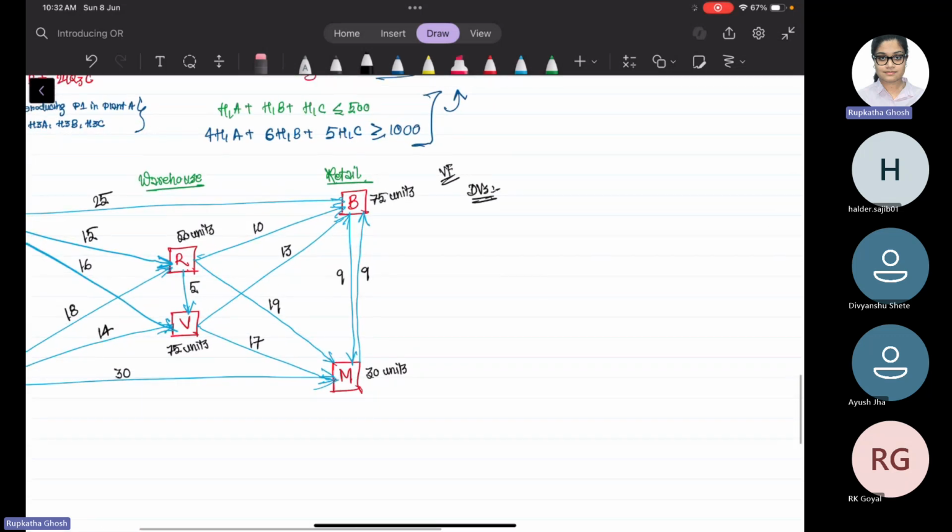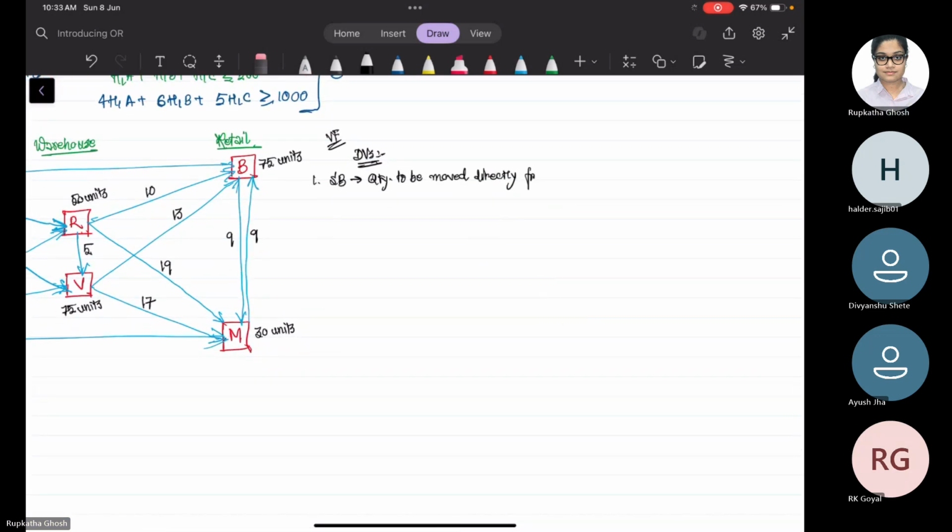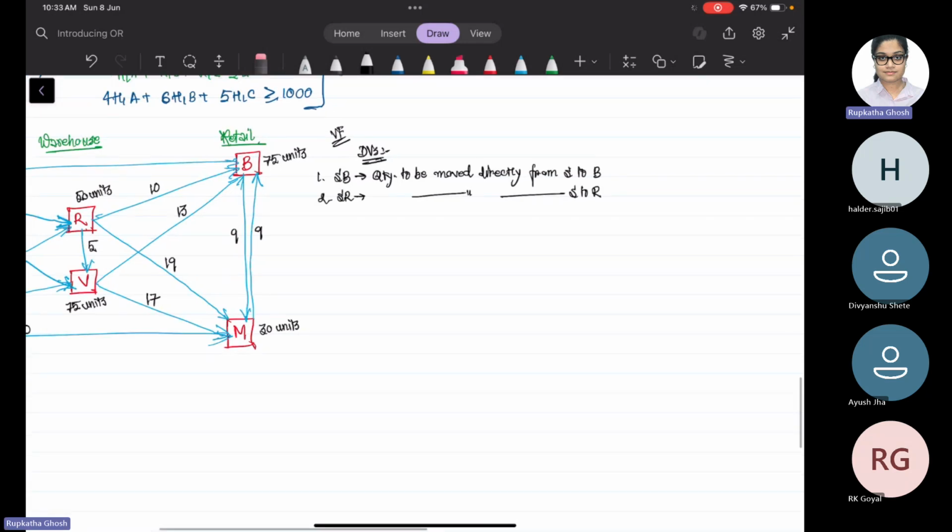So let's say my first decision variable is SB, which is quantity to be moved directly from S to B. Similarly, you will have SR, quantity to be moved directly from S to R. Then SV, quantity to be moved directly from S to V. And likewise, all the other variables should be defined.